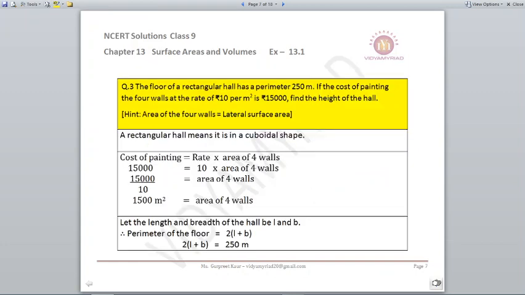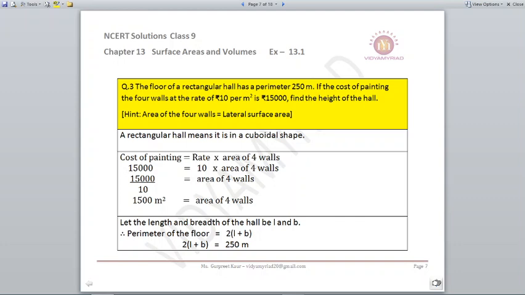Question number 3. The floor of a rectangular hall has a perimeter of 250 meters. If the cost of painting the 4 walls at the rate of rupees 10 per meter square is 15,000, find the height of the hall. Now, first of all, what is given to us? We are given the perimeter, we are given the rate per meter square, and also the total cost. Now, if we want to find out the total cost, how do we calculate?